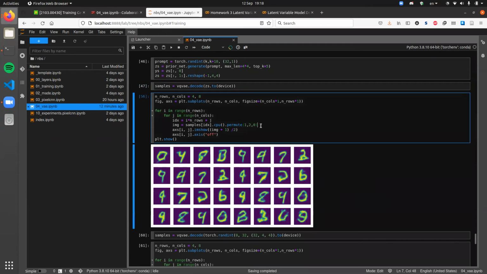So let's think about it. In the MNIST dataset, we have 60,000 data points, right? So we have 60,000 examples in the training set.